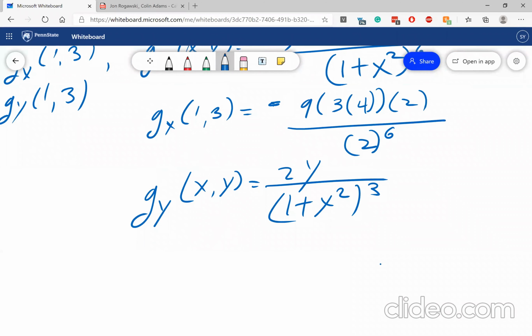And so then g_y of (1, 3) is going to be equal to 6 over 2 cubed. Any questions about this?